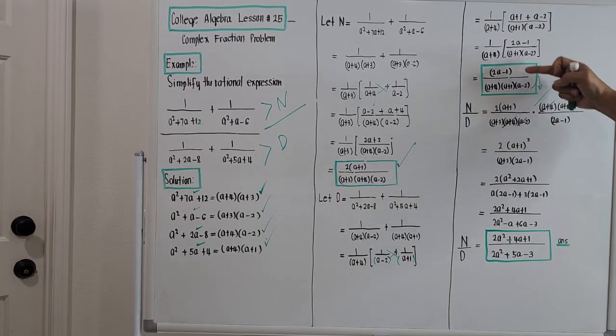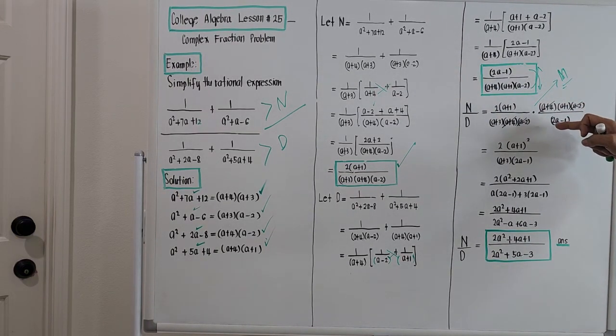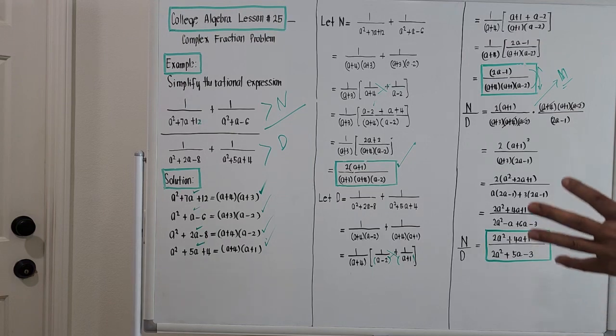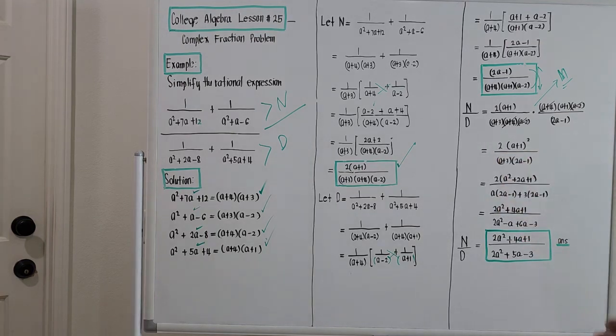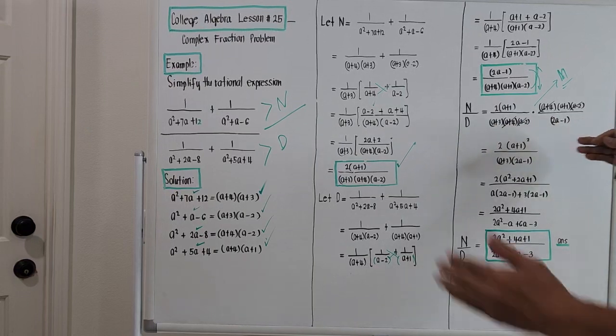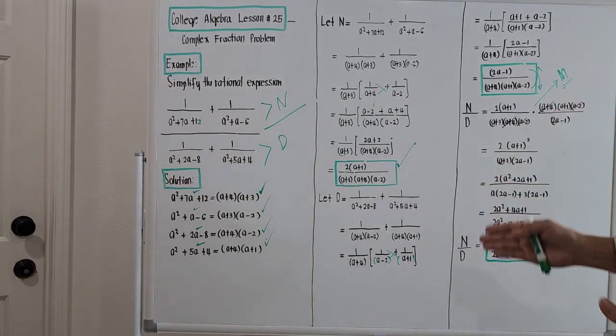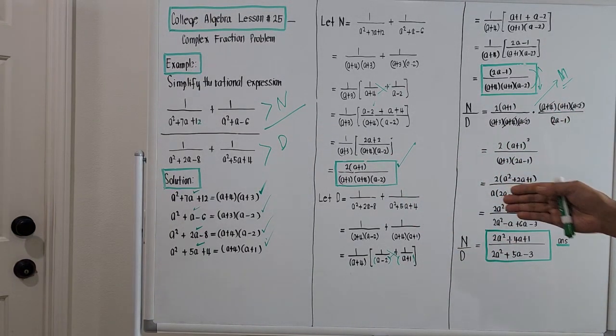This goes down over 2a minus 1. This is now the importance of the so-called factoring, because after the factorization, we could cancel things. The operations on the numerator are all multiplication, and the operations on the denominator are all multiplication. So we are free to cancel common terms.